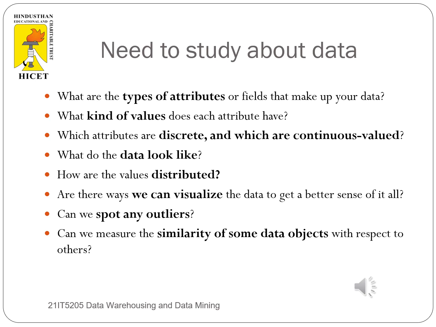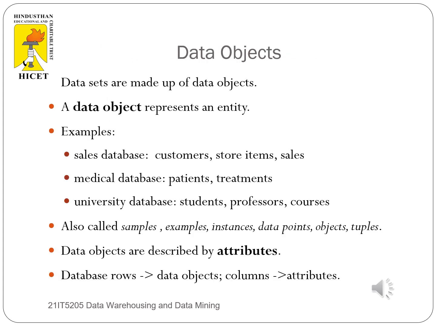To answer all these questions, first of all, we have to understand what data is and how the data is represented. First, let us start with a data object. Data sets are made up of data objects, and a data object represents an entity.